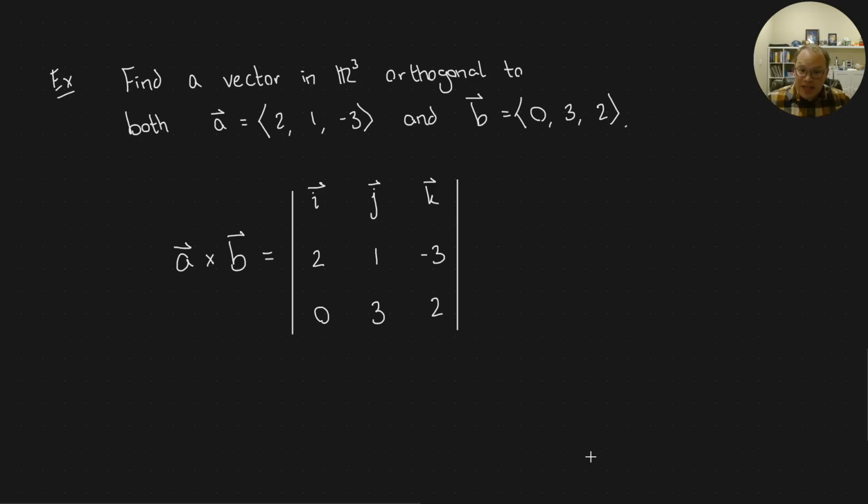All right, so now we take the determinant. Imagine canceling out the row and column. I get 2 minus negative 9, times i. Look at the next element of the row: I get 4 minus 0, times j.